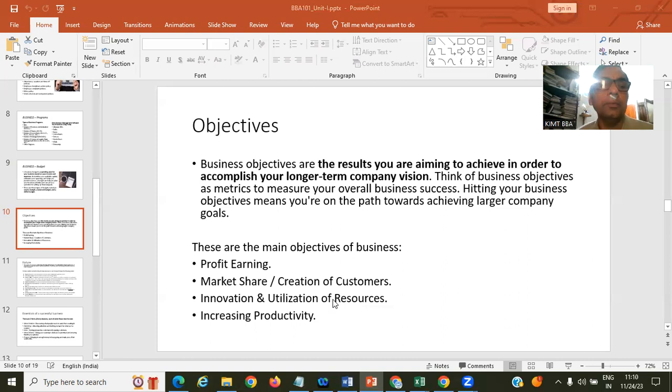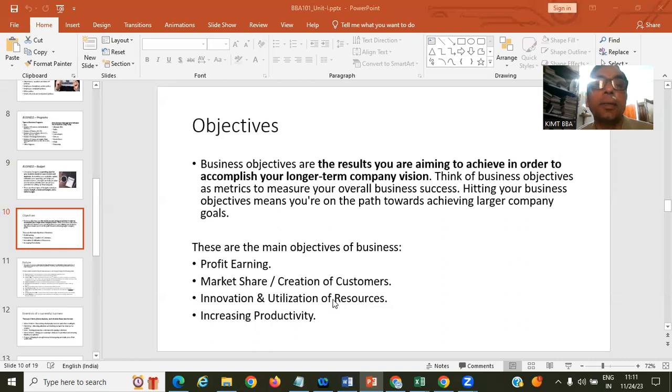You have applied some technique, or you learned the skill. So in that way, you increase your productivity. So your productivity has gone up. So in the business, you have to see profit earning, market share, innovation, utilization of resources, increasing productivity.